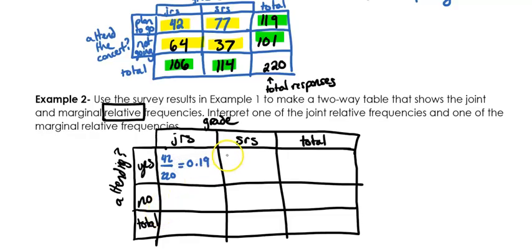So seniors that were planning to go was 77. So I take 77, I divide it by 220. And I just do that in a calculator. And I get 0.35. And so the nos was 64 divided by 220, and I get 0.29. And then 37 divided by 220.